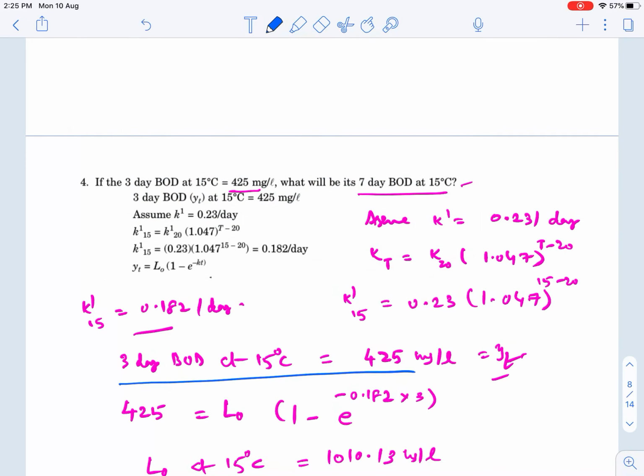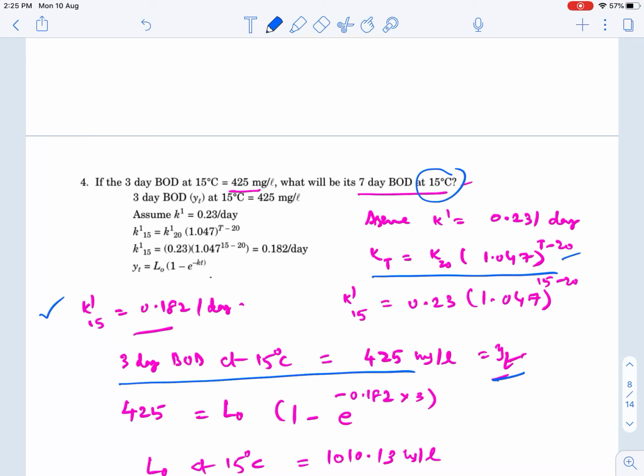So in this, he has given 3-day BOD at 15 degrees centigrade. That means BOD exerted in 3 days. And he has given the temperature as 15 degrees centigrade. So we have calculated the deoxygenation constant at 15 degrees by using the formula deoxygenation constant at any temperature T is equal to K20 into 1.047 whole to the power of T minus 20.